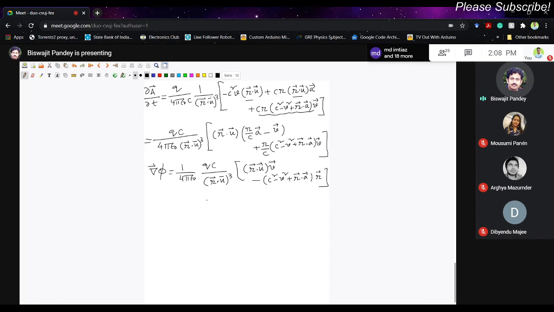So this was grad phi, and in order to calculate the electric field, we have to club these two terms. So E will be minus of grad phi and del A del t. So multiply this entire expression with a minus sign, and also this one with a minus sign, and then join them together.